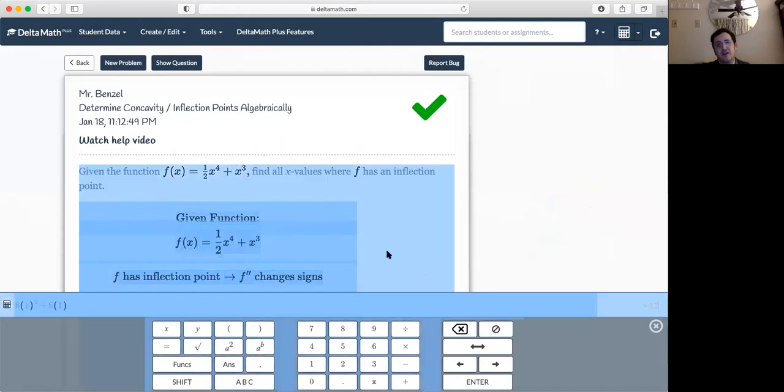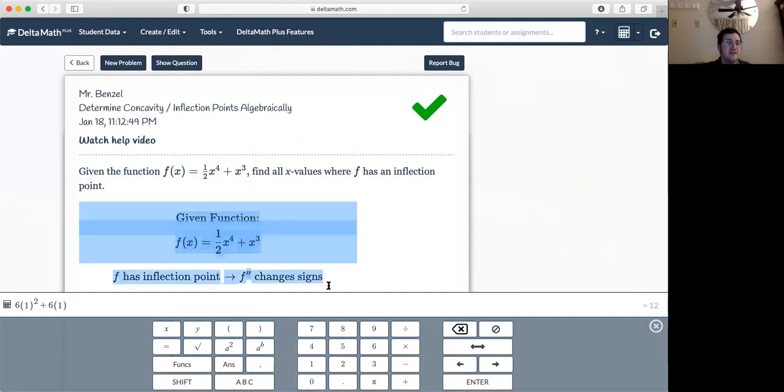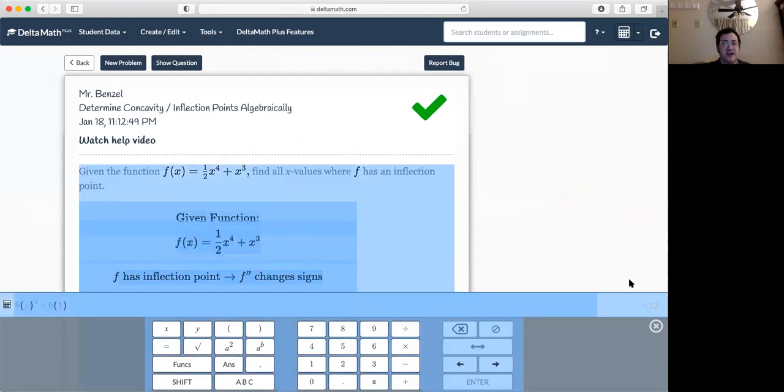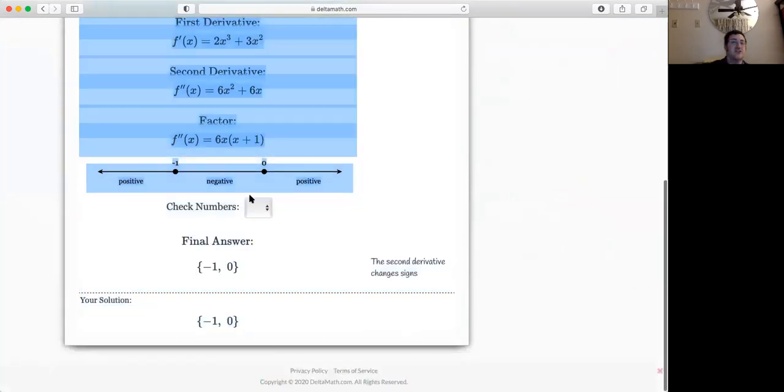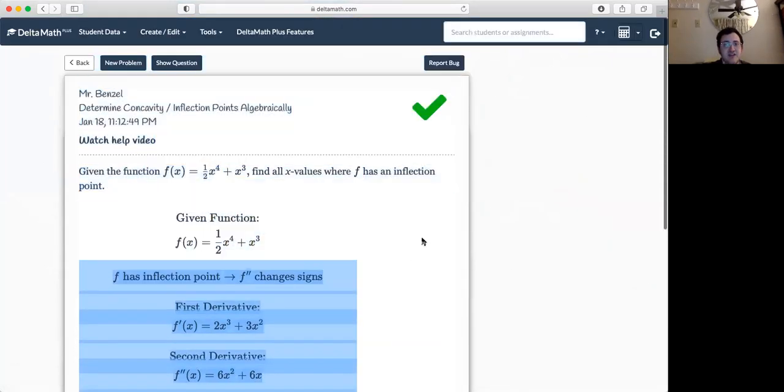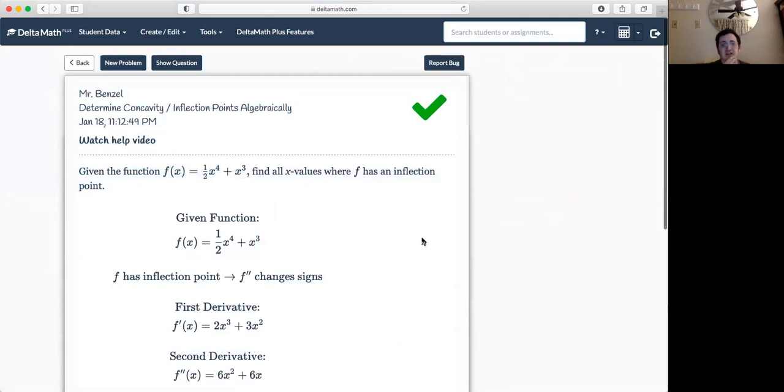When you submit your solution, you can see their rationale as well and see how they made a sign chart. It even gives you some numbers to check. So if you do get it wrong, you can see how they arrived at the sign chart, and you may even want to try and use the calculator feature as well if you do get a problem on this set of skills.